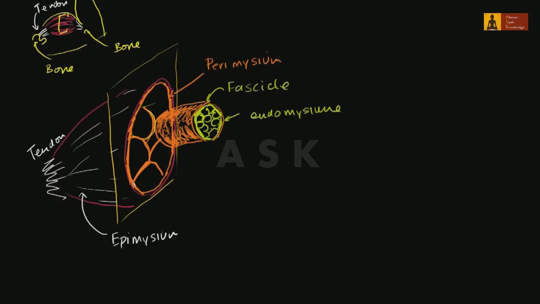So this thing right here, I can pull it out a little bit. Just like that. So if I pull this out, this is an actual muscle cell. This is what we wanted to get to, but we're going to go even within the muscle cell to understand how all the myosin and the actin filaments fit into that muscle cell. So this right here is a muscle cell, or a myofiber.